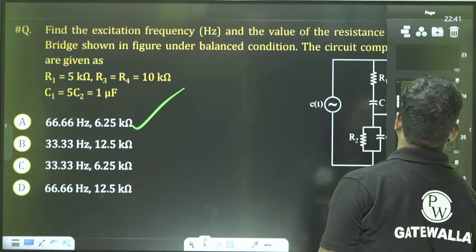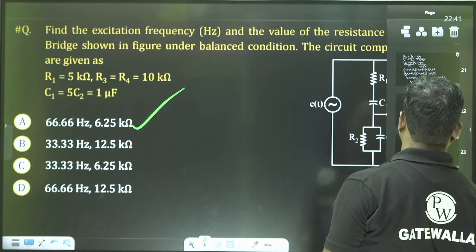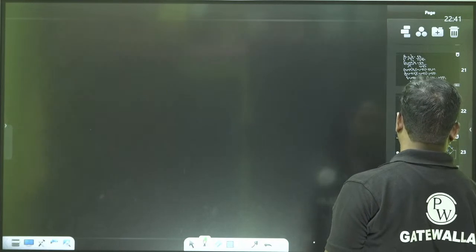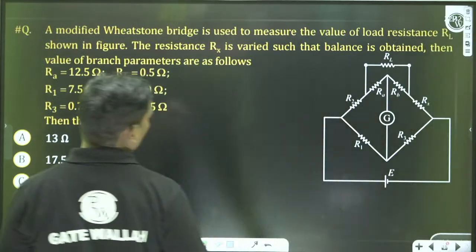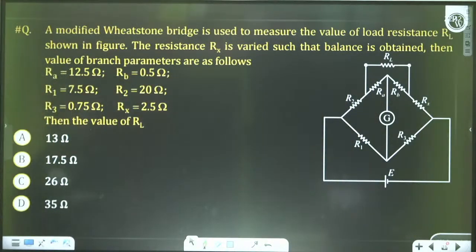All the same way you can solve using these methodologies. See here, what is given? A modified Wheatstone bridge is used to measure the value of load resistance RL shown in the figure.